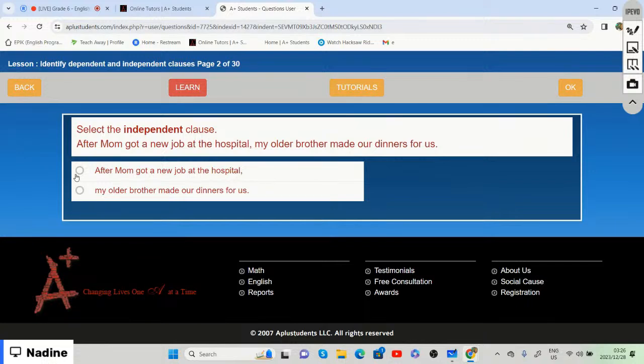So we need to select the independent clause. Either the first option, which is "after mom got a new job at the hospital," or is it "my older brother made our dinners for us"?